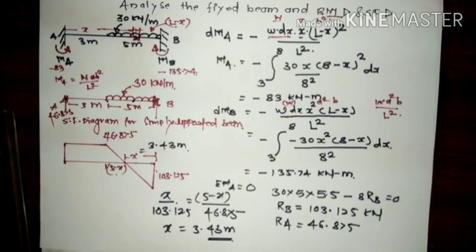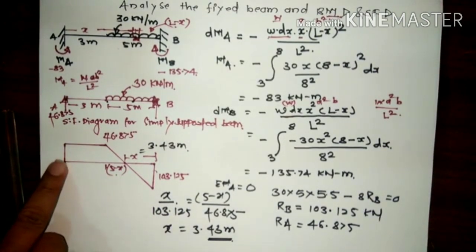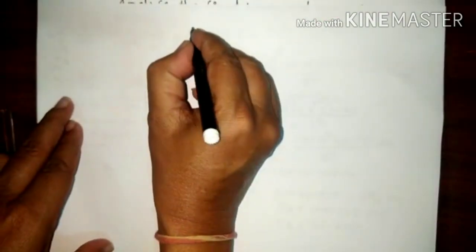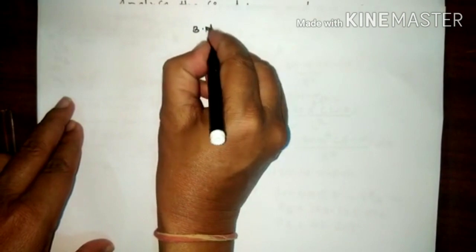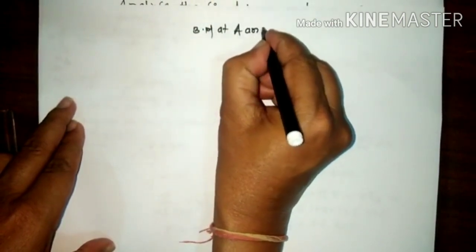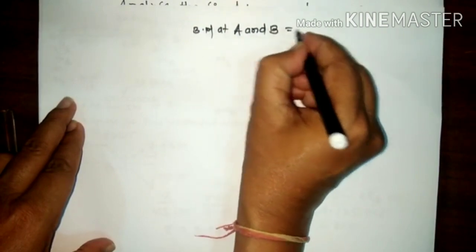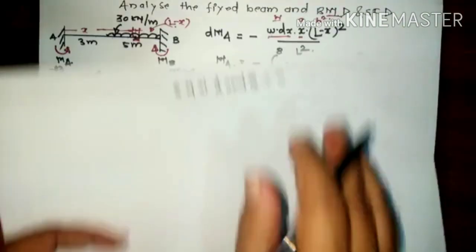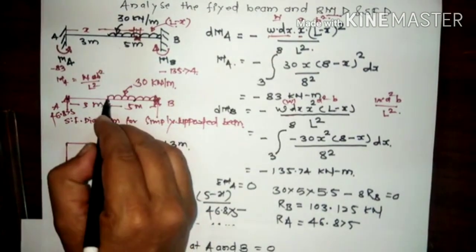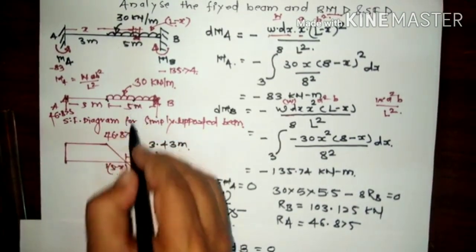For this, we know the bending moment at A and B is equal to 0 because it is simply supported. Then we have to find the bending moment at the point of constant shear.